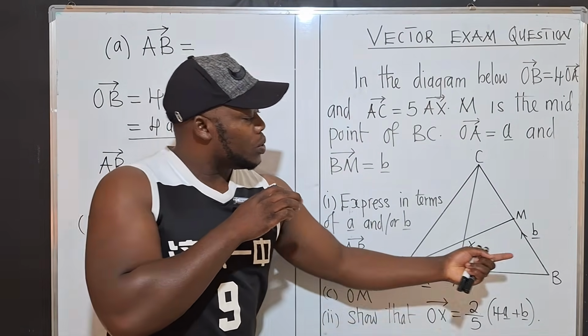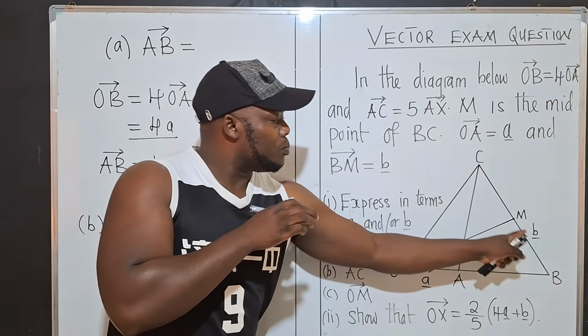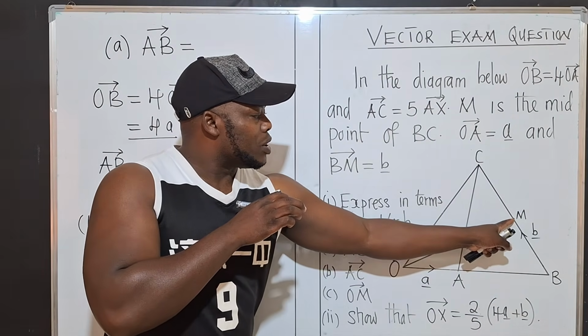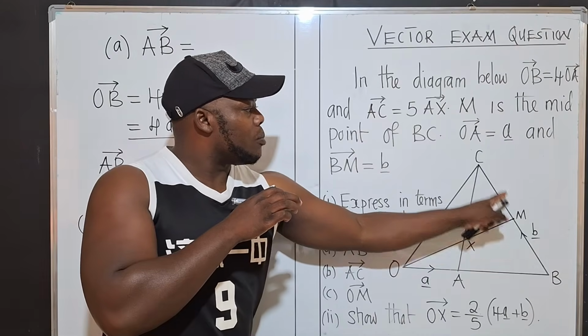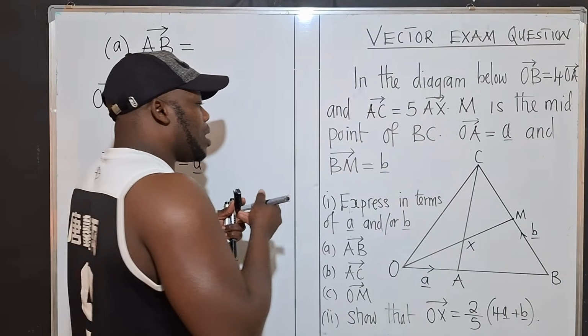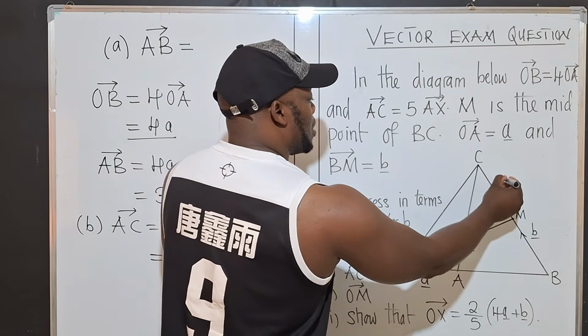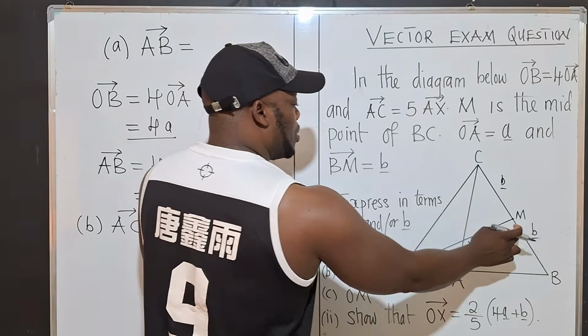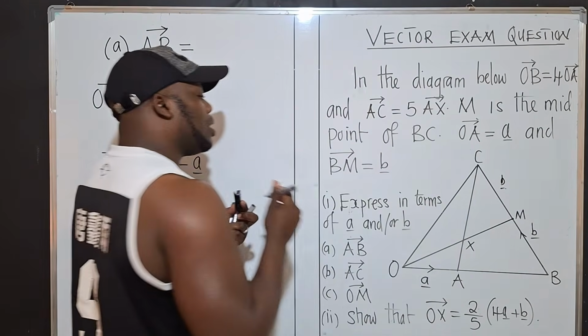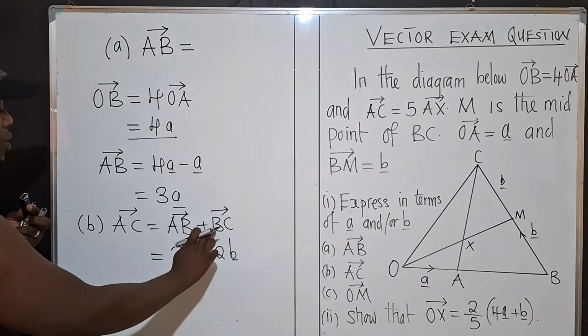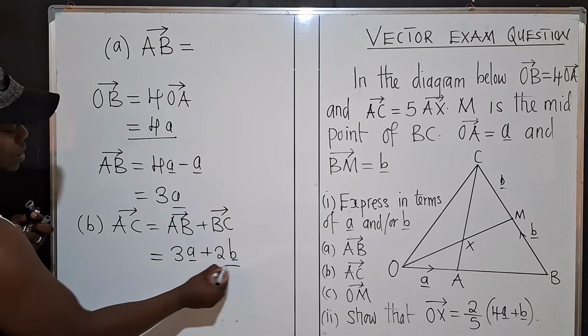Since this is the midpoint, MC is equal to BM, which is also b. So I'll add these two, and they give me 2b for BC. And this is my answer.